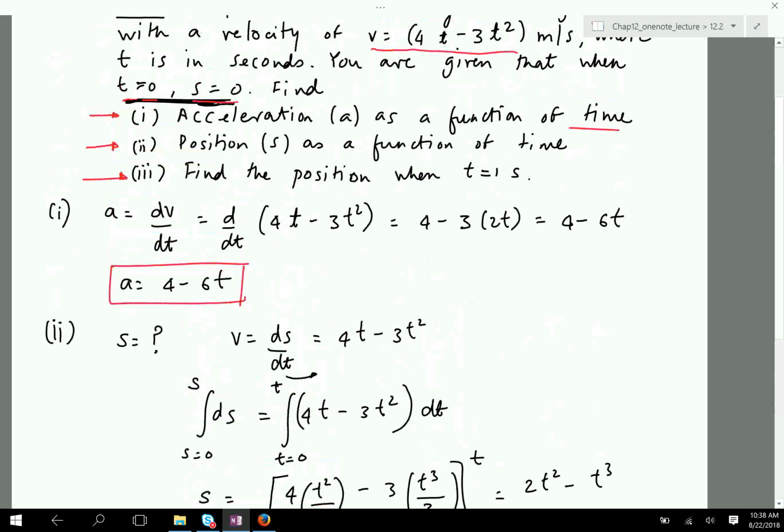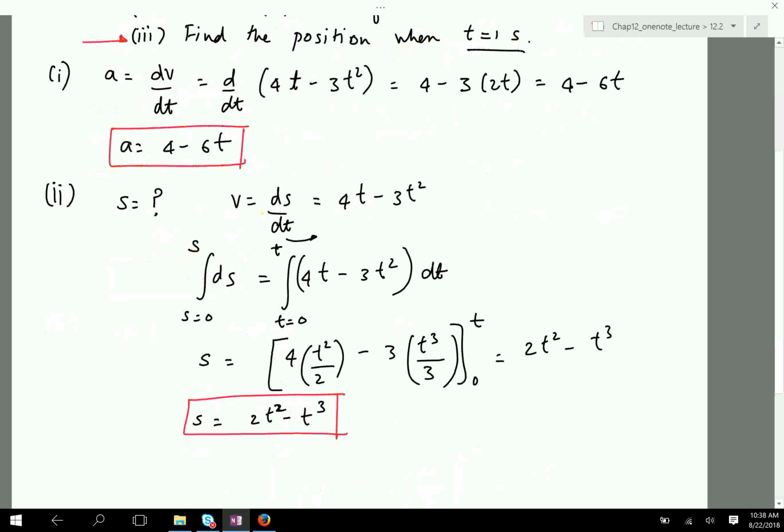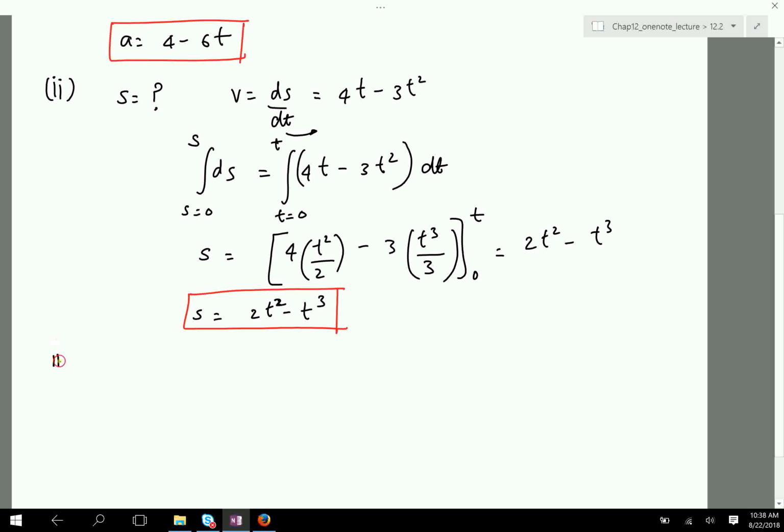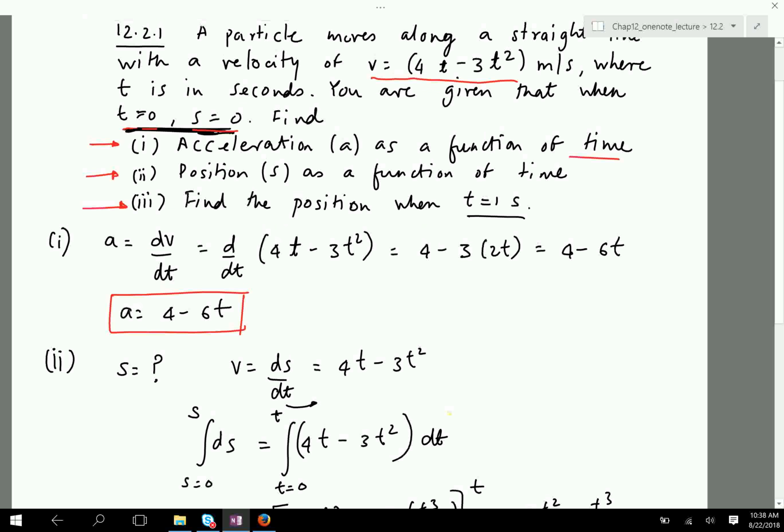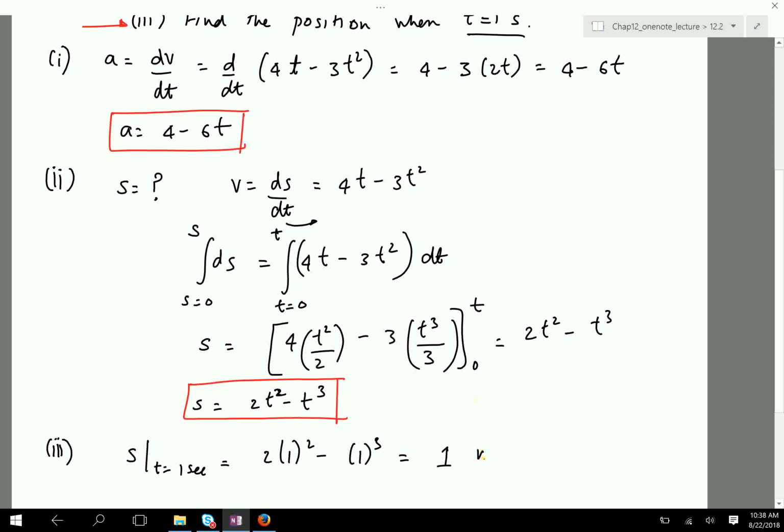Okay, and the final question is find the position when t equals 1 second. So third part, find the position when t equals 1 second. It's simply substituting 1 in the expression for s. So 2 times 1 square minus 1 cube equals 1. The units are in meters, so this should be 1 meter.